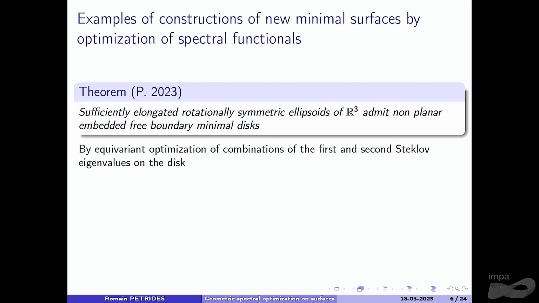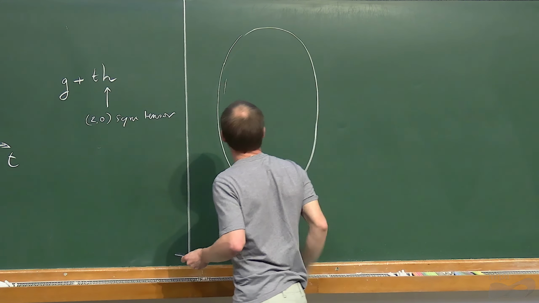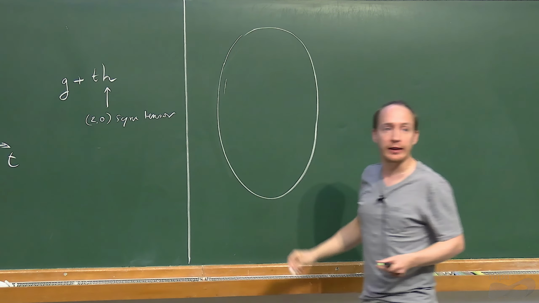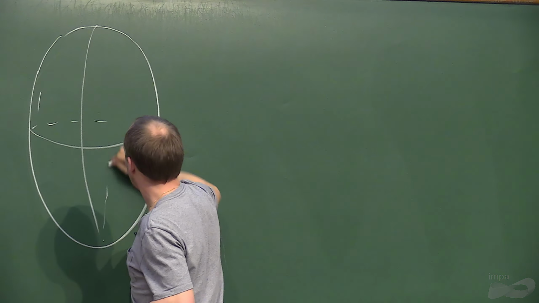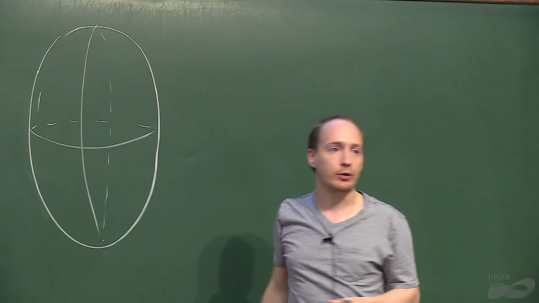So let me explain. You can think about the problem of geodesics. You take an ellipsoid, and you know that on the ellipsoid you have three planar geodesics. This one, and the one in the plane of the blackboard.